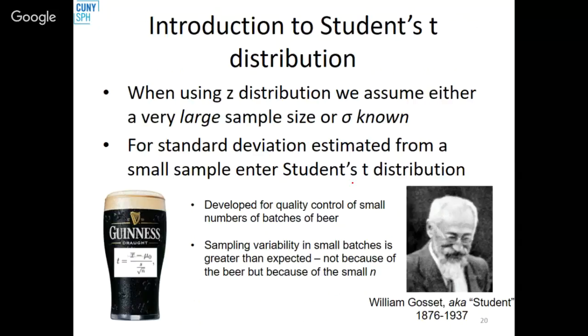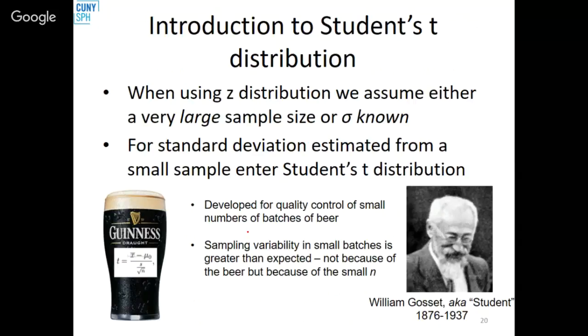I guess he wasn't allowed to publish his findings, but he knew this was an important statistical finding, so he published it under a pseudonym, where his name was Student. He developed it for quality control of small numbers of batches of beer.